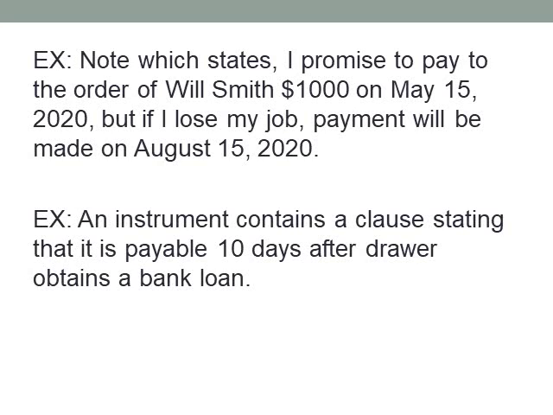That is valid because you can ascertain the dates, right? If you know that if the person loses their job, their payment would be August 15th, 2020, not May 15th, 2020. So an instrument that contains a clause stating that it is payable 10 days after drawer obtains a bank loan.